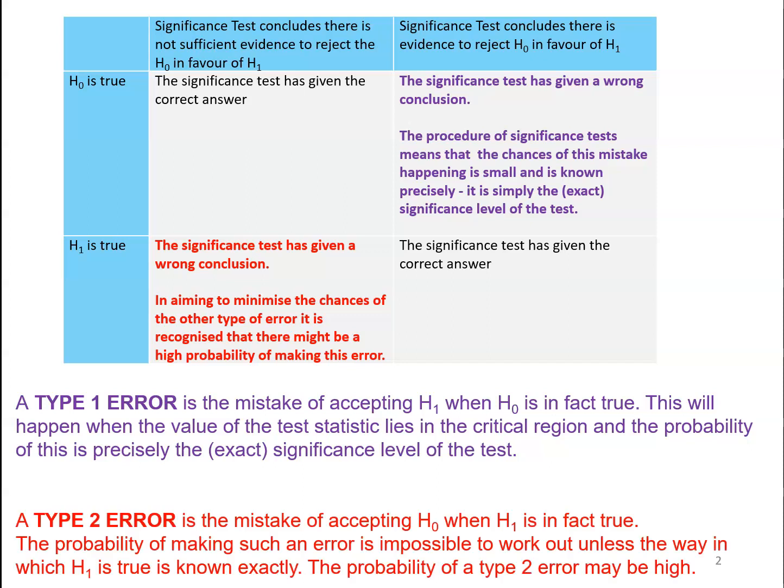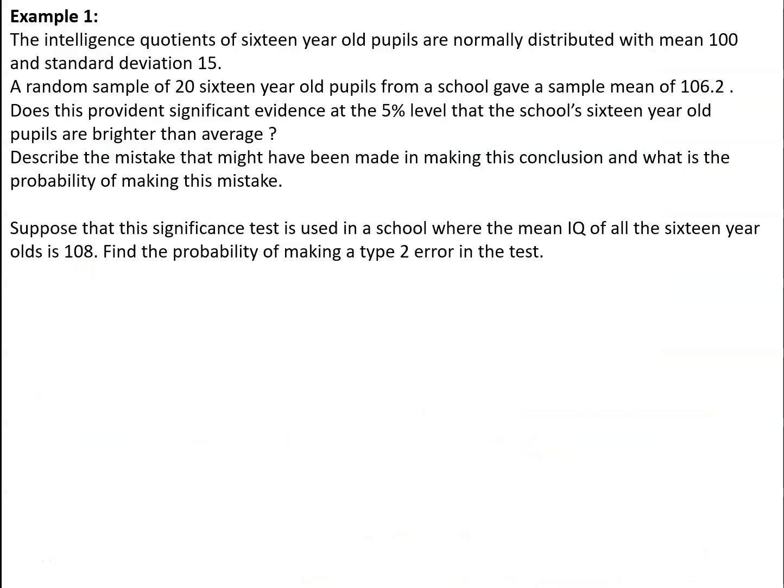So a type 2 error then is the mistake of accepting the null hypothesis when the alternative hypothesis is in fact true, and we need to realise that the probability of making such an error is difficult to work out unless we know exactly how the alternative hypothesis is true. And we also need to realise that the probability of a type 2 error may be quite high. So let's have a look at this in terms of an example.